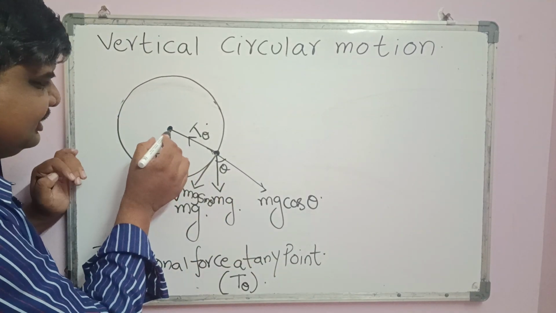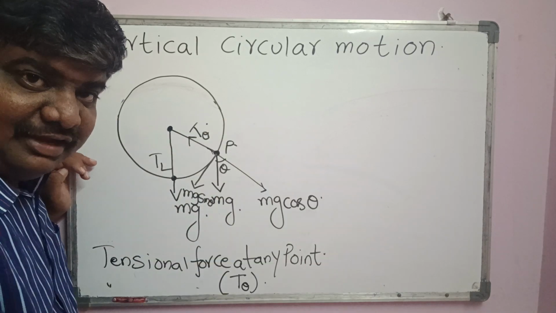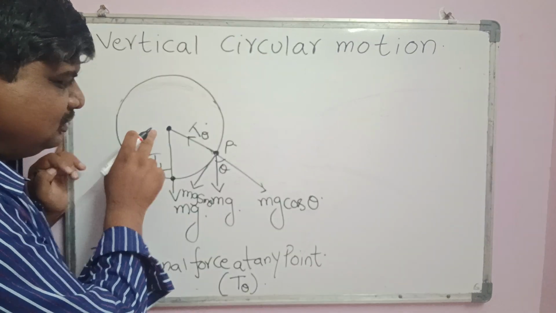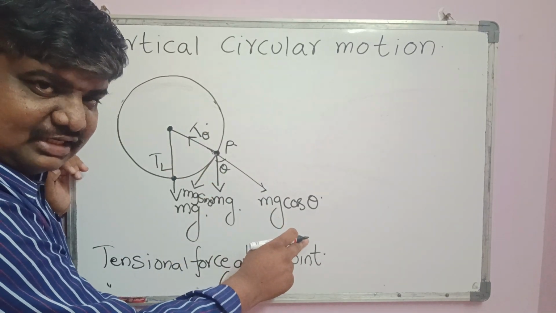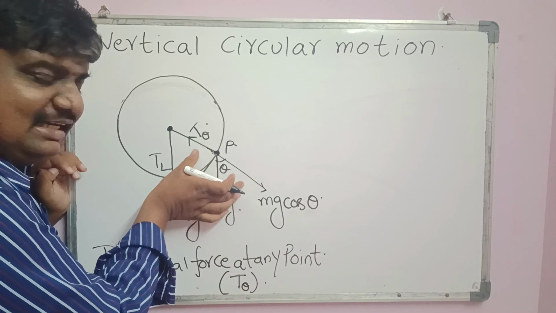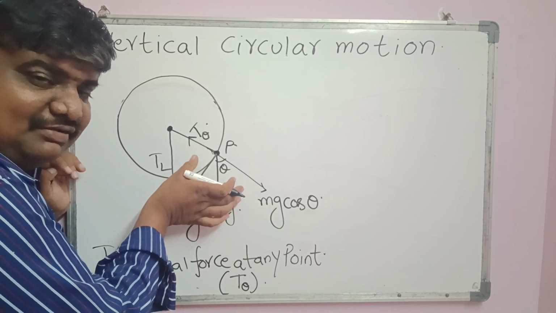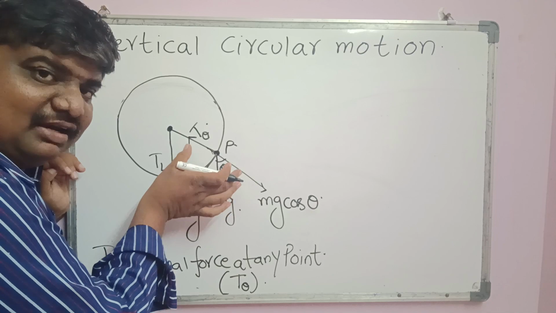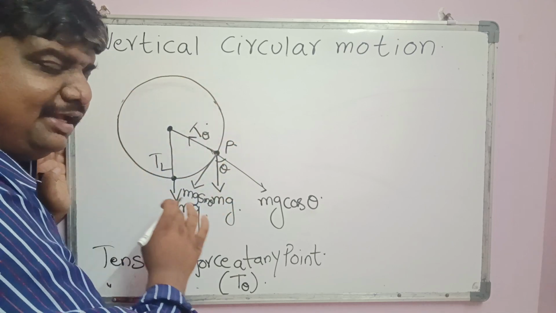If you observe this section at point P or some other angular position, T theta is towards the center, and mg cos theta is directed outward, away from the center. So the resultant of T theta and mg cos theta gives the necessary centripetal force for the circular motion.